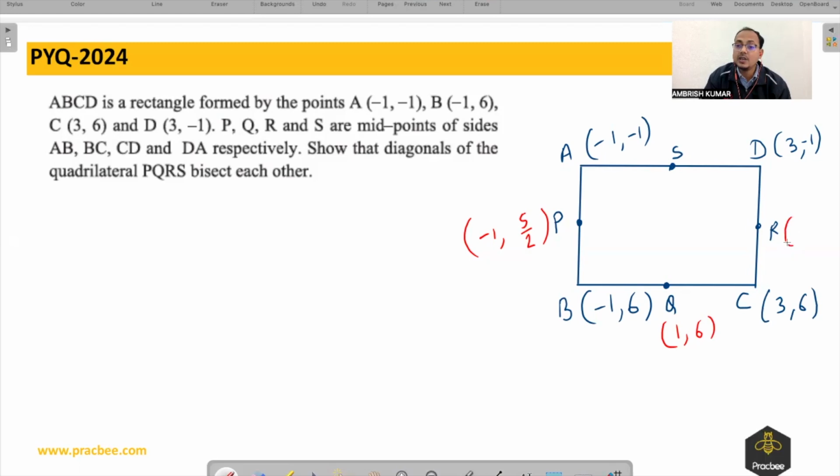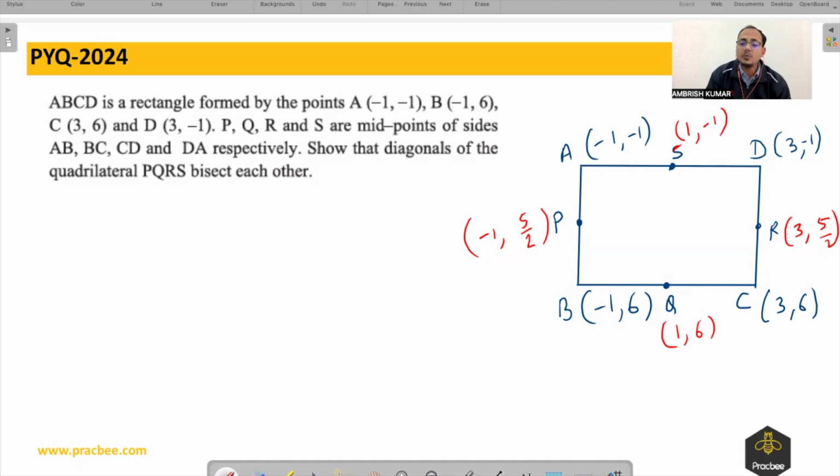For R, the coordinate is 3 plus 3, 6 by 2 means 3, and again 5 by 2. In the same manner, for S: -1 plus 3 means 2 by 2, 1, and -1.